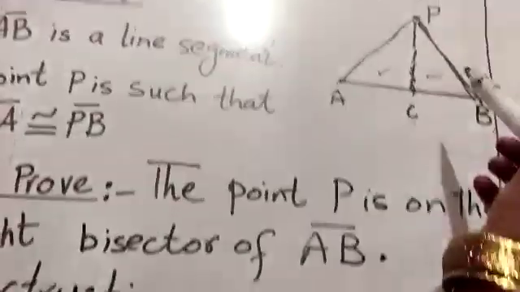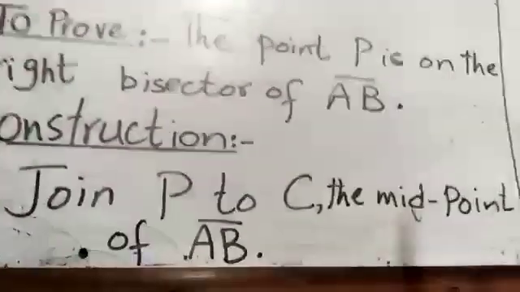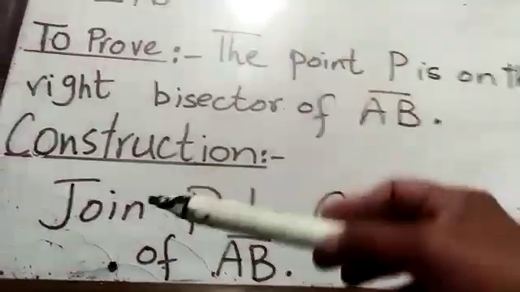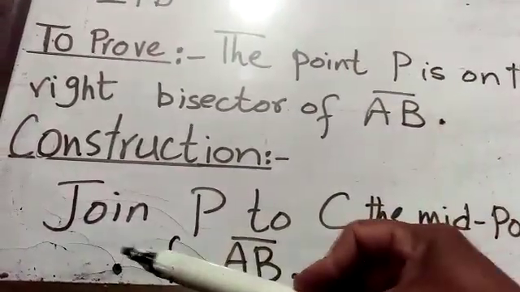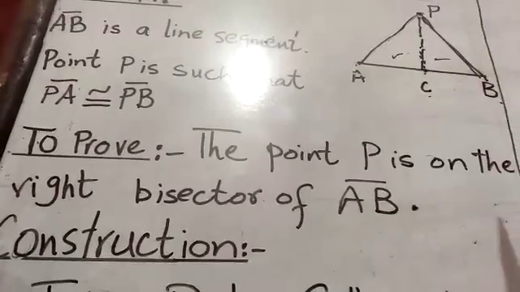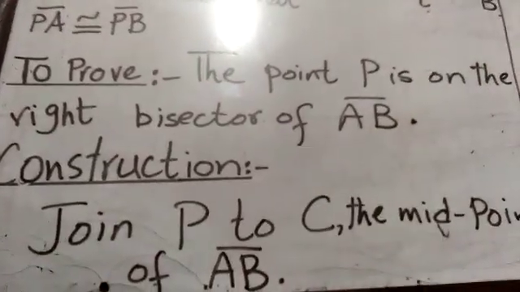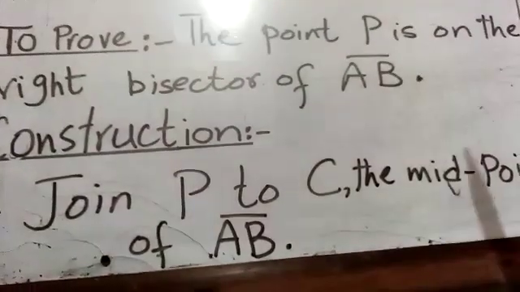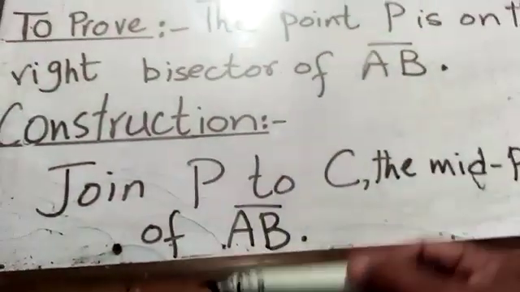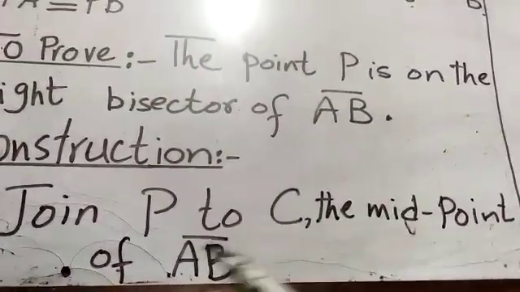And we will write all the steps which we construct in the diagram. So we will write: join P to C, which is the midpoint of line segment AB, and the step of construction will be written in this form. Join P to C, the midpoint of AB.